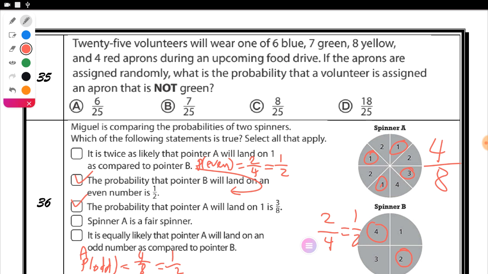At spinner B, odd numbers are 1 and 3. So P of odd equals 2 over 4, which is equal to 1 over 2. So they are equal, so we will check it. Okay, so the answer is 2, 3, 5.